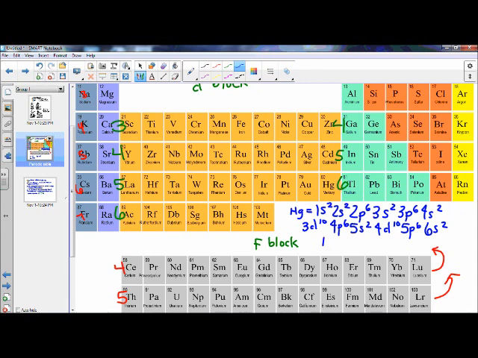So we have to do the 4F, and it's 14 all the way across. 4F14. Now I go back and I do the 5D. Mercury's all the way at the end of the 5D section. That's 1, 2, 3, 4, 5, 6, 7, 8, 9, 10. 5D10. Okay, that's long, but you'll get lots and lots of good practice.